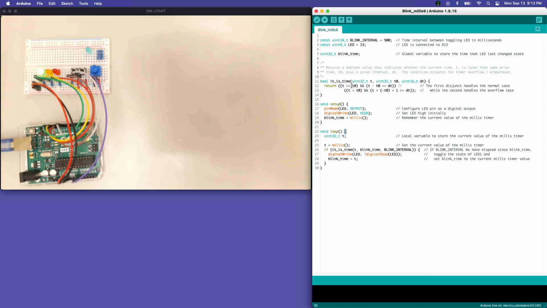And so if you know that the first disjunct in this two-way OR operation evaluates to true, then the whole expression will evaluate to true, and so there's no need to evaluate the second half of the expression.